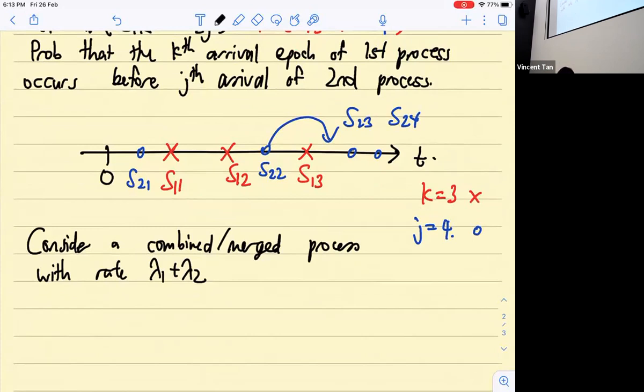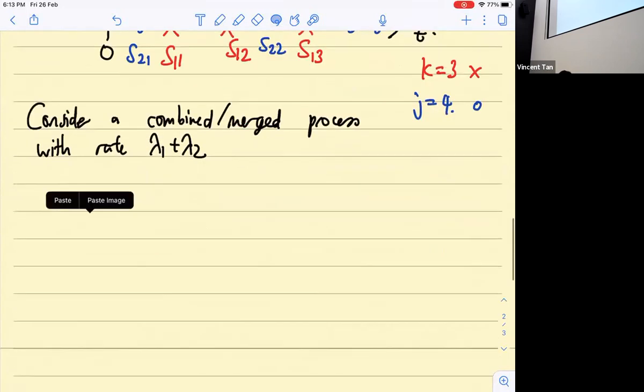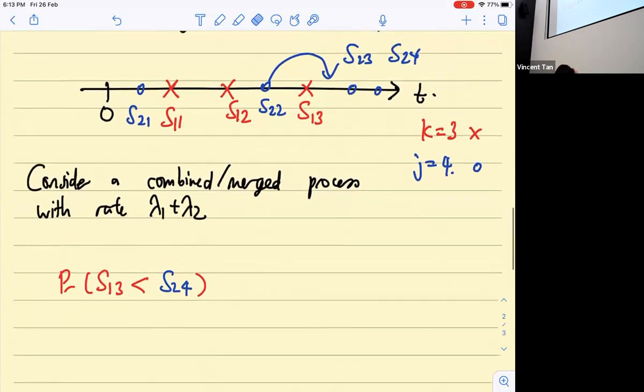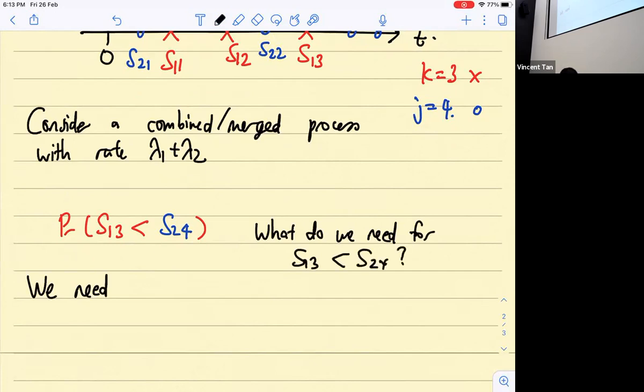So what do we need for this to happen? Let me just bring this out. Let's think about this carefully. Right. So, what we need for this event to happen, let me just put down the statement, then we think about it. What do we need for S13 to be less than S24? Okay.